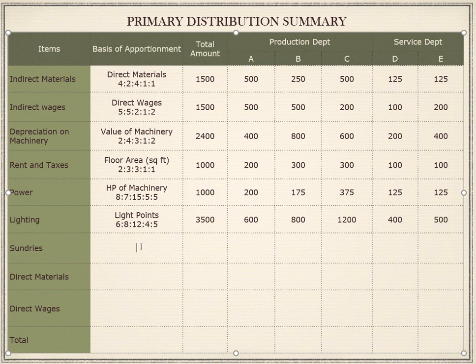Next one is direct wages. Sundry, for this the base is actually direct wages. The ratio of direct wages, as we can see right from here itself, is 5 is to 5 is to 2 is to 1 is to 2. Let us go back to the question and find the amount of sundries.